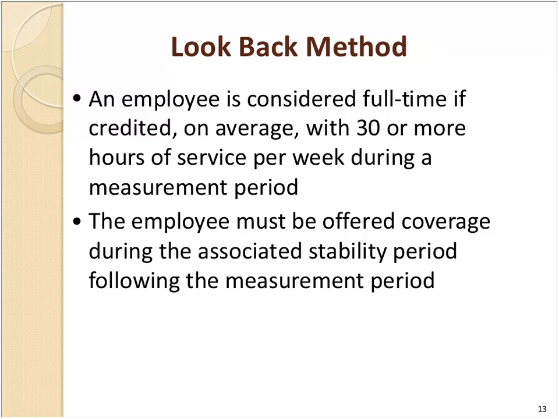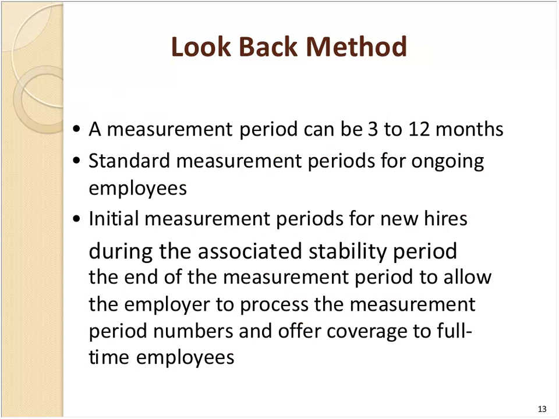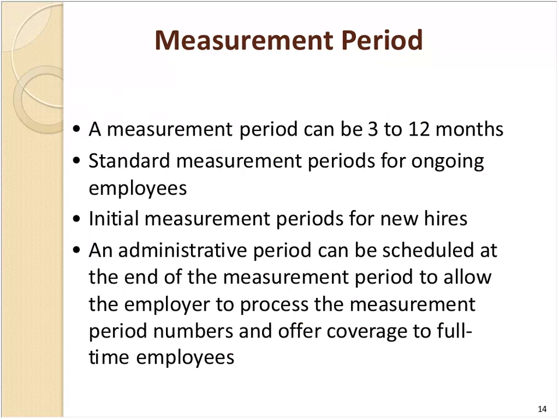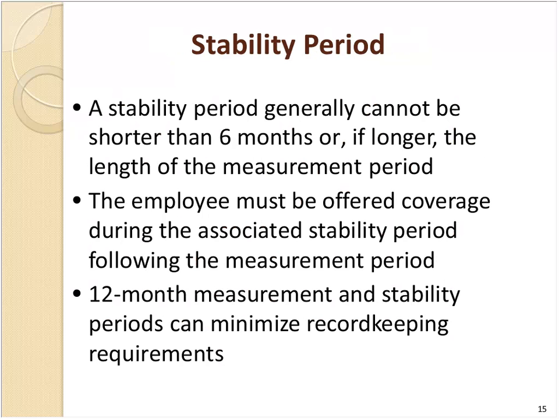And so there's a look-back method that the IRS allows you to use, and under that method, you'll have a measurement period where you determine whether the individuals average 30 or more hours per week during that period. Then there will be a stability period in which you offer the coverage to the employees who meet the full-time threshold during the measurement period.